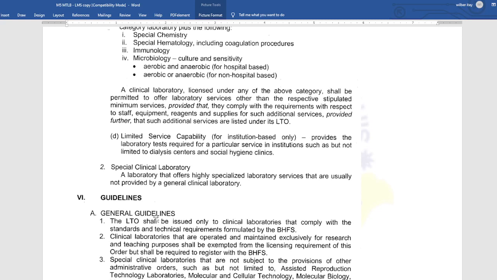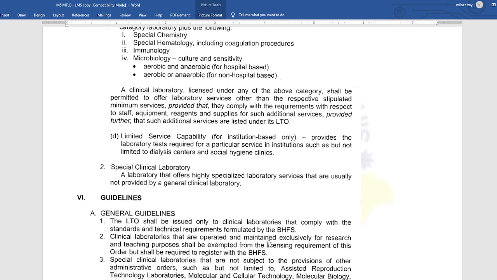Okay, so a license to operate must be issued to clinical laboratories, and these clinical laboratories need to comply. So the standards and technical requirements are formulated by the Bureau of Health Facilities and Services, si BHFS. Okay?